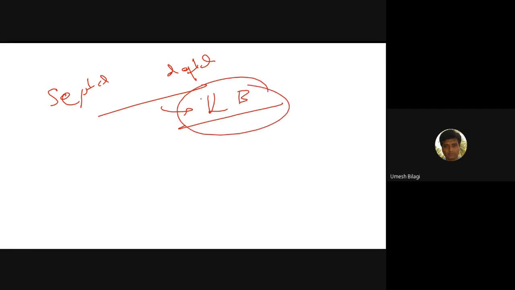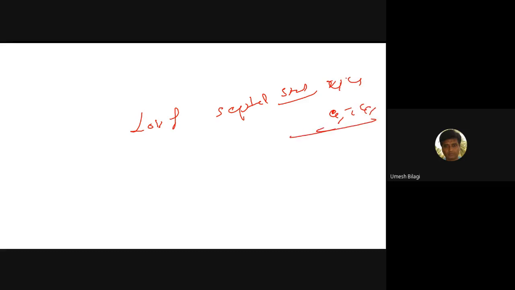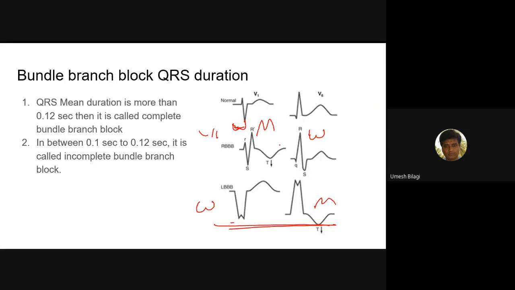If the left bundle is blocked, septal depolarization doesn't happen in the normal way, and that leads to loss of the small initial R wave in V1 and Q wave in V6. This is lost in left bundle branch block. So that's what manifests here.